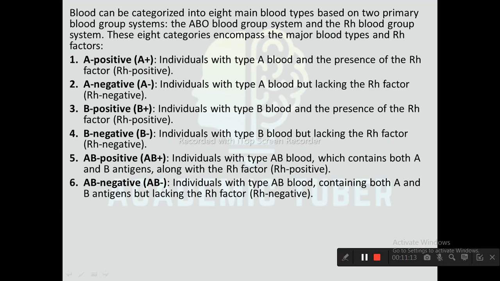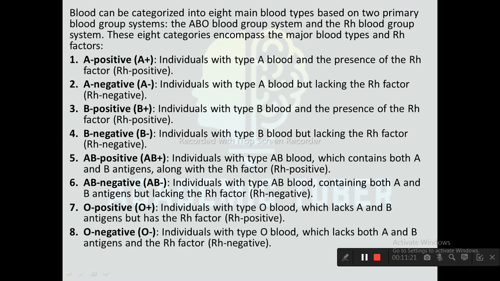Sixth one is AB negative, an individual with type AB blood containing both A and B antigens but lacking the Rh factor. Seventh one is O positive, an individual with type O blood which lacks A and B antigens but has the Rh factor. And last one is O negative, an individual with type O blood which lacks both A and B antigens and Rh factor.